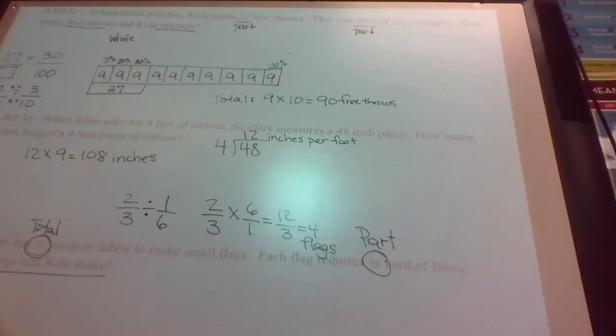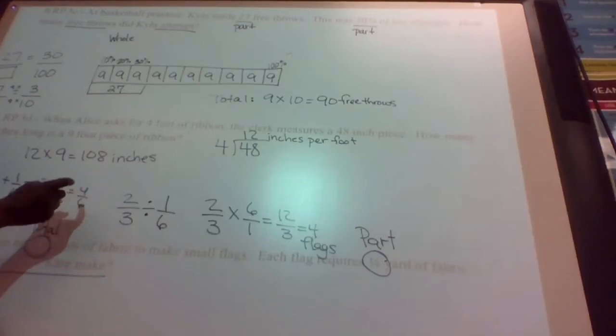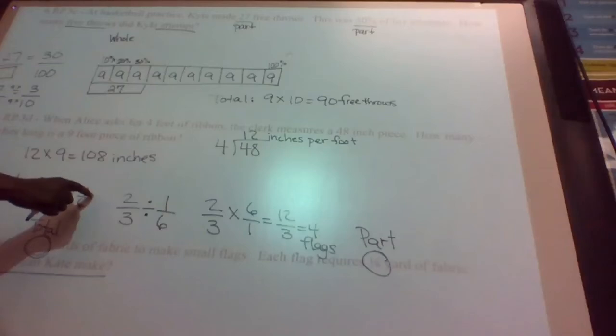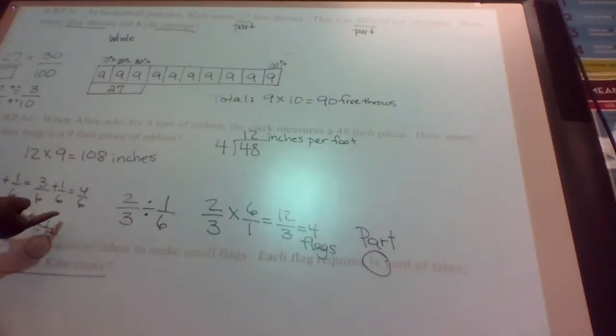So if I'm trying to figure out how many 1/6s are in 2/3, I divide. Or if you wanted to, you could keep adding up 6s until you get to what you need. 2 6s, that's not 2/3. 3 6s, is that 2/3? No. 4 6s, is that 2/3? Yes, because 4 divided by 2 is 2, and 6 divided by 2 is 3. So 4/6 and 2/3 is the same thing.